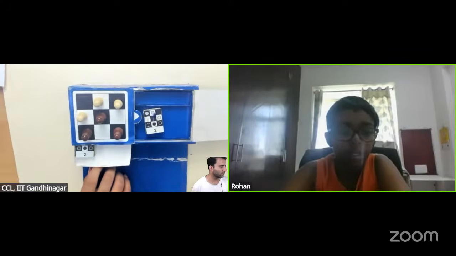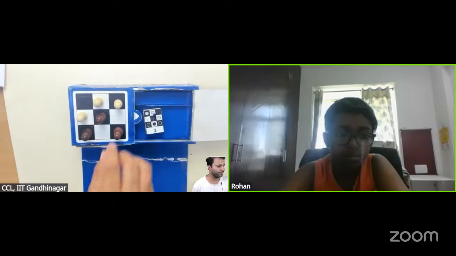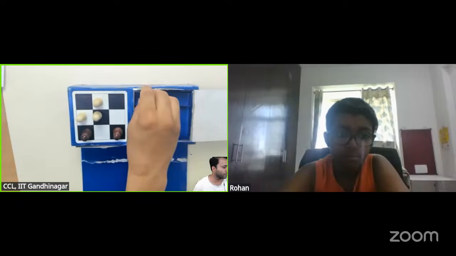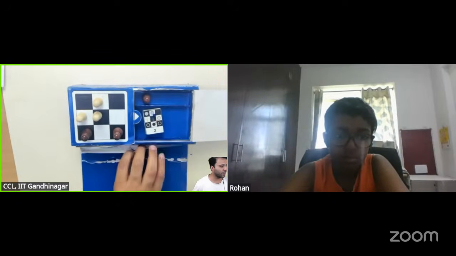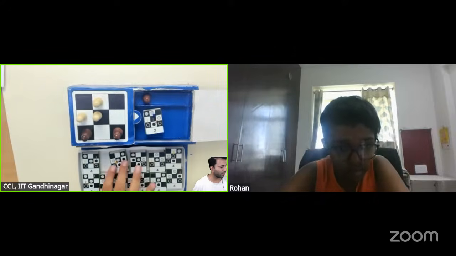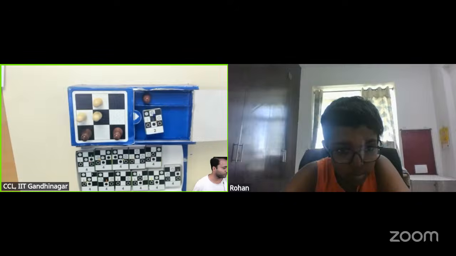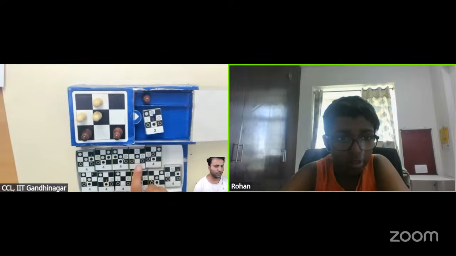I would capture your pawn. Okay. Something like this. Yeah. All right. Here comes the next board. Can you help me out find the correct matchbox? So it has two black in the corner and three whites. It's not actually there, I think. So something like this, because eventually it's symmetric.